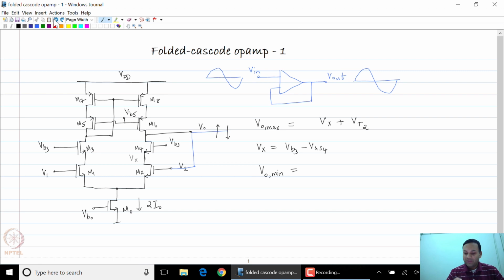Now when that happens, the condition on the voltages will be VO min, the minimum value, can hit one threshold voltage below VB3, and that is given by VB3 minus VT4. So now we have found out the maximum and minimum values for the output voltage. These two voltages are the common mode ranges at the output with this condition, and with this we will be able to figure out what the total allowable swing at the output is.